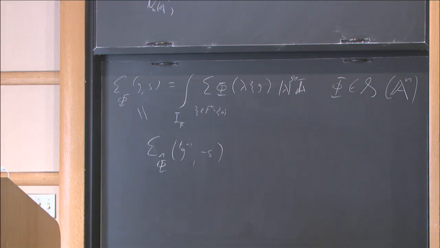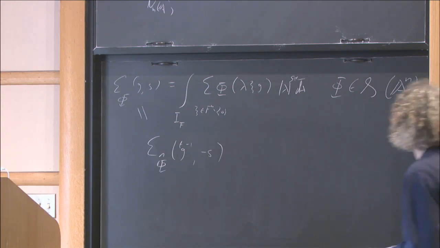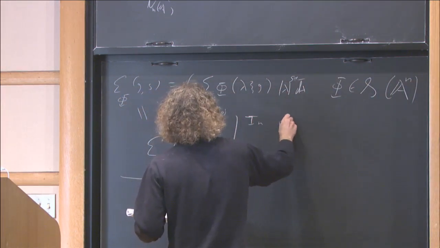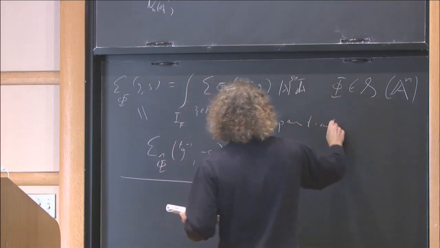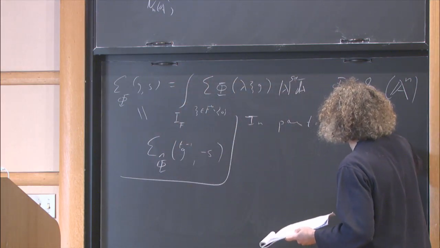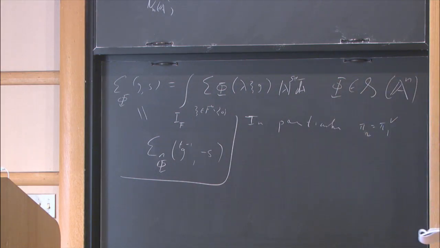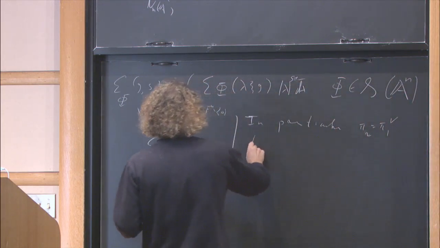Yeah, so what? So in particular, when I take pi_2 equal to pi_1 check, let's say that pi is unitary, then I can recover and take residue.